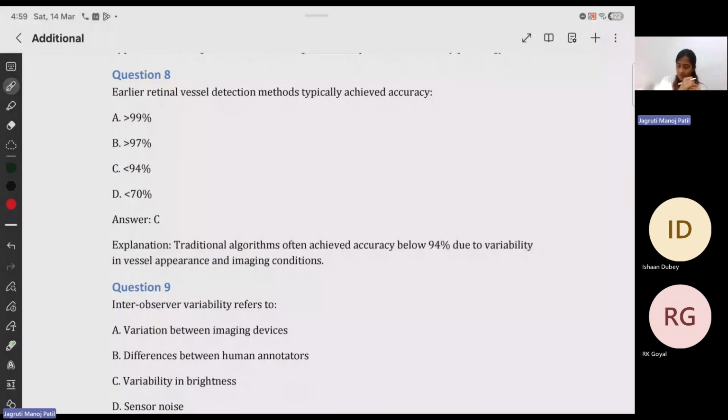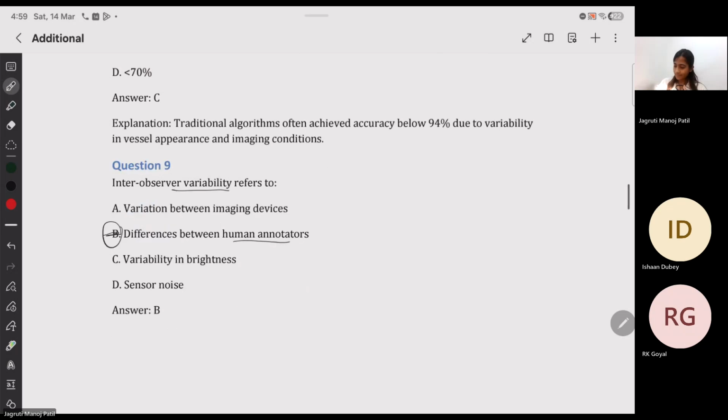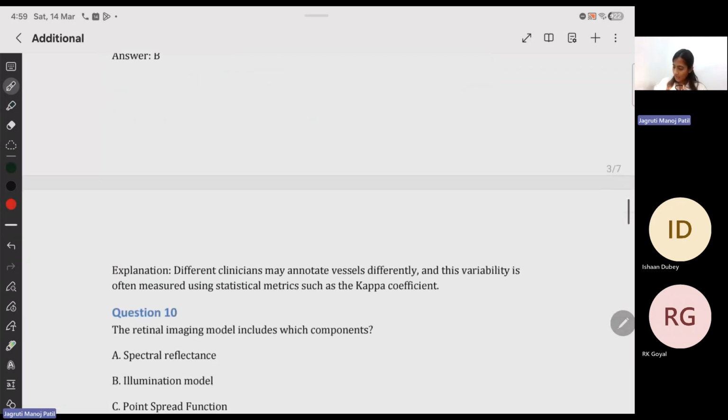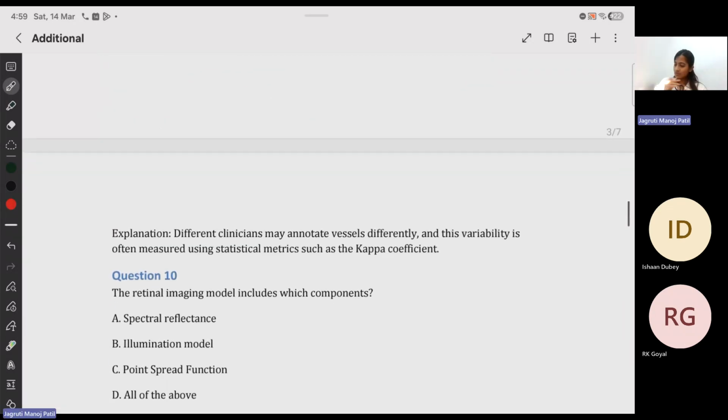Variation or differences between what? Variation between imaging, so that's system effects. Oh yes, this is inter-observer variability. So these are differences between the human annotators. Okay, I guess this one's also nice. If you have a retinal imaging based model, which components would it include and why?